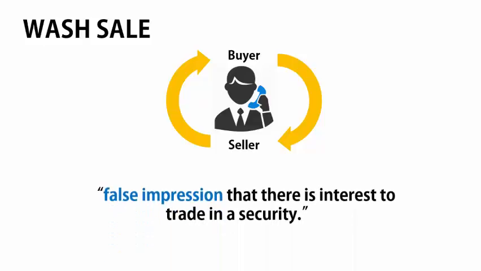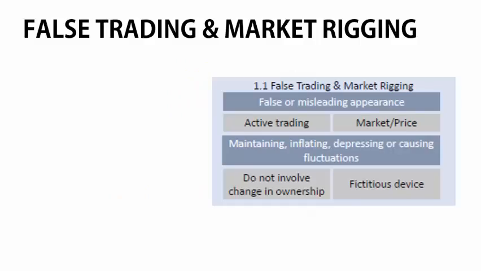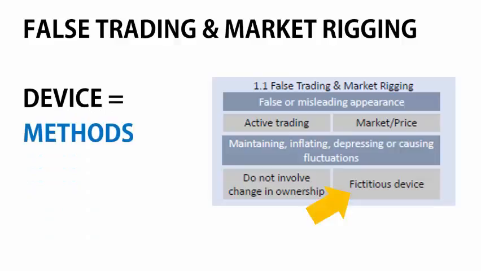This creates a false impression that there is interest to trade in a security. And if you maintain, inflate, depress, or cause fluctuations in the market with any fictitious device, or in this case, device means many other methods that can be used to create false trading or market rigging, that is also an offense.